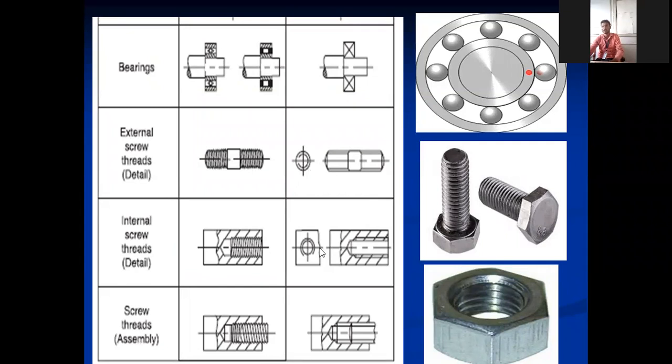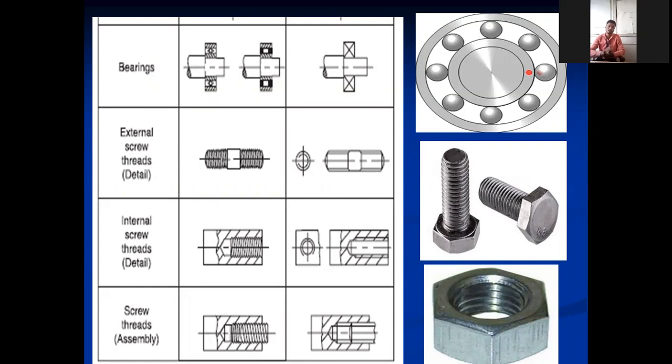In our day-to-day life, we always come across nuts and bolts, which have threading. Which component has external threads and which has internal threads? Bolts have external threads, nuts have internal threads. That we have to remember.